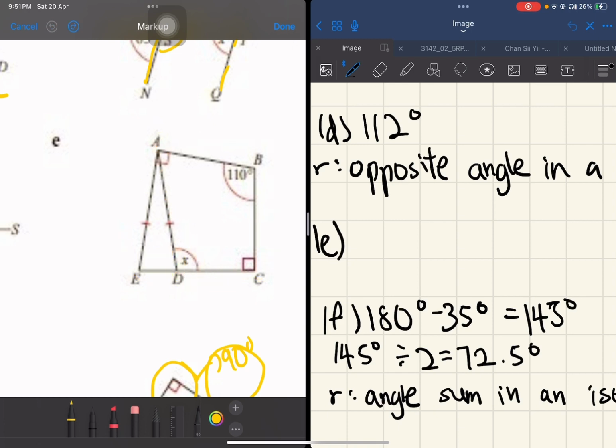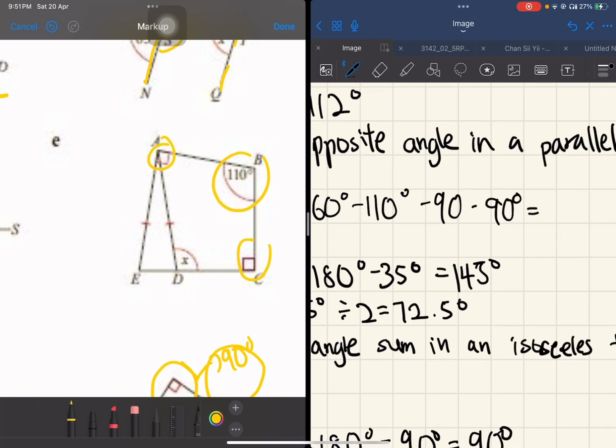We're going to use 360 degrees because that is the angle sum of a quadrilateral, minus 110 degrees, minus 90 degrees, minus 90 degrees, and you're going to get 70 degrees. But that will not be the answer to x because there's an isosceles triangle here.